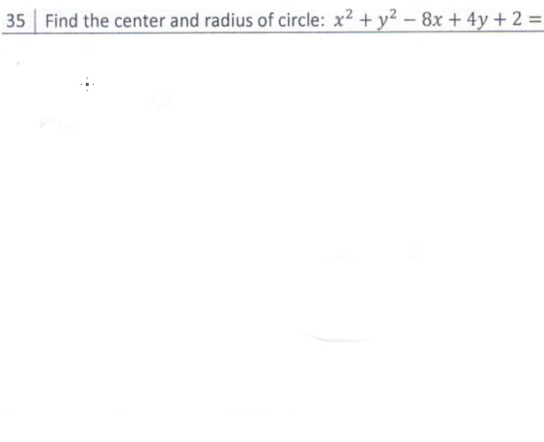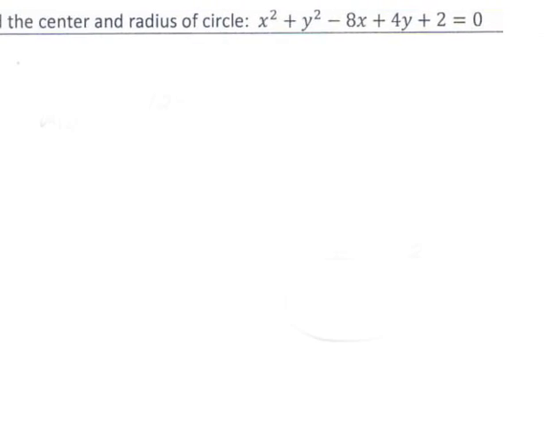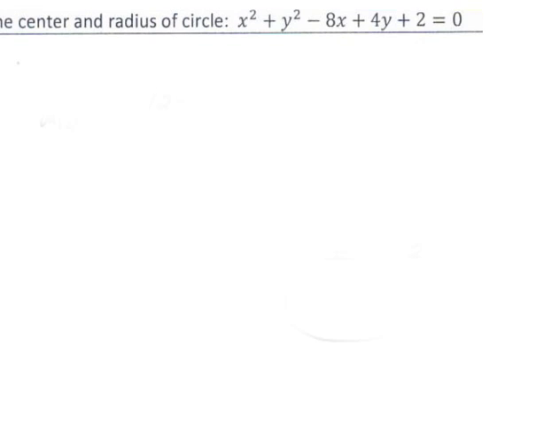In number 35, we have a circle that is not in standard form. And we have to put it in standard form. So let's do that. We're going to first rearrange it, put the x terms together, and I'll put a blank next to them, and then the y terms, and put a blank there, getting ready for completing the square.